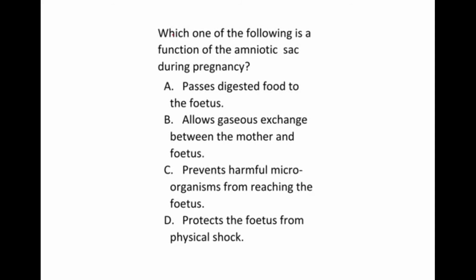Here it leads us to know the functions of the amniotic sac. The amniotic sac usually contains a fluid called amniotic fluid.